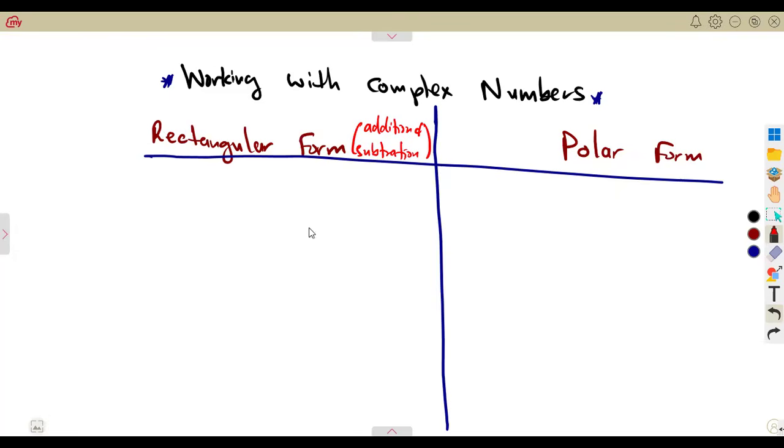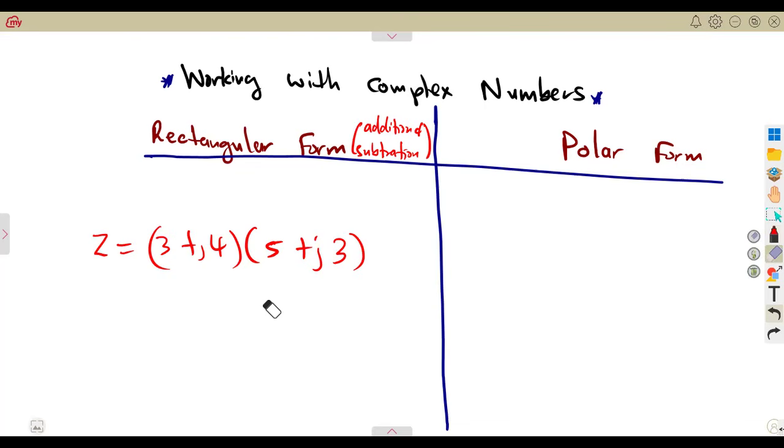I'm saying it is best. If I'm given numbers like 3 plus J4 multiplied by 5 plus J3, I can multiply these numbers. But because of the simplification that we have, guys, we are not supposed to be like we are back to our mathematics. No. These things can be avoided.